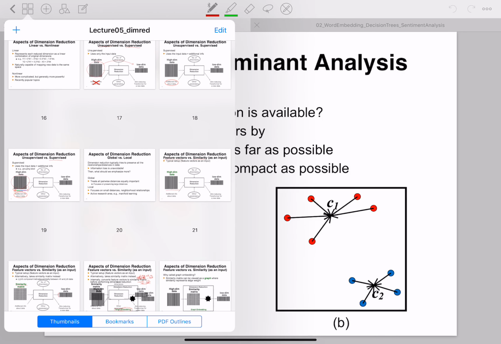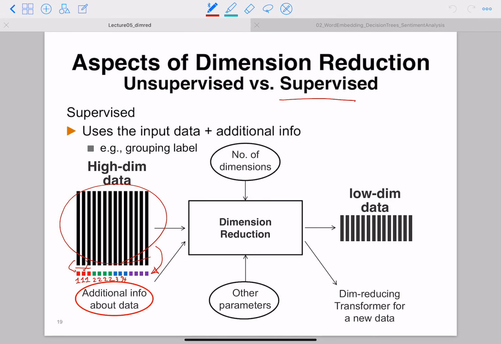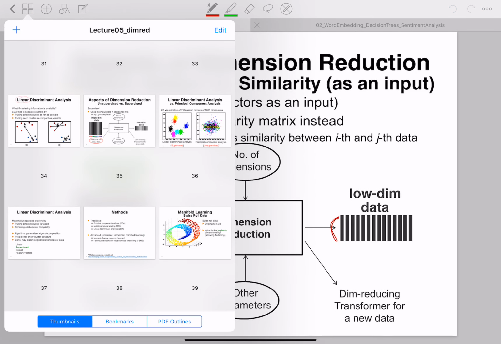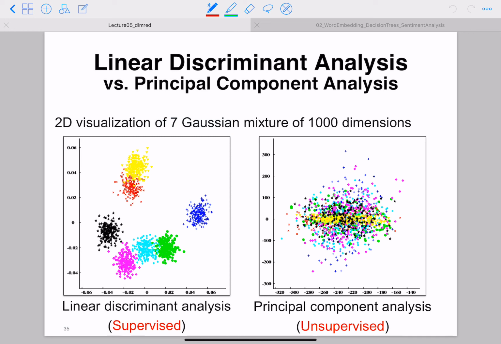In supervised dimension reduction, we have additional label information as an input to this high dimensional feature vector, right? So in the case of LDA, rather than preserving all the pairwise distances as much as possible, it tries to maximize the separability between the clusters or classes based on our given label information.